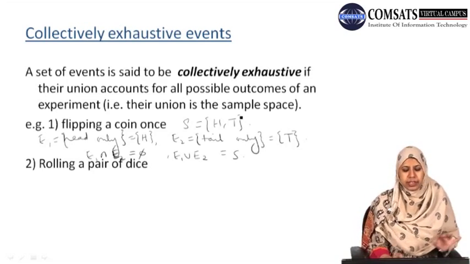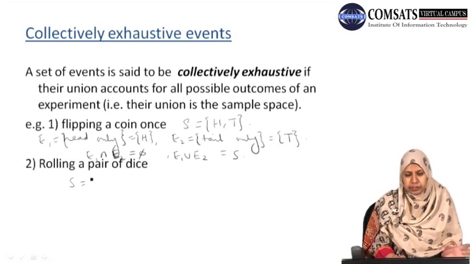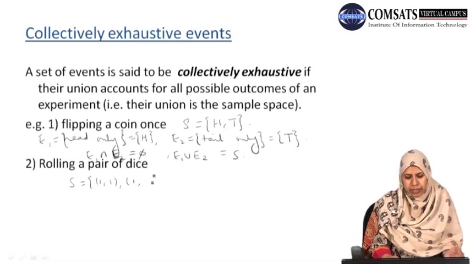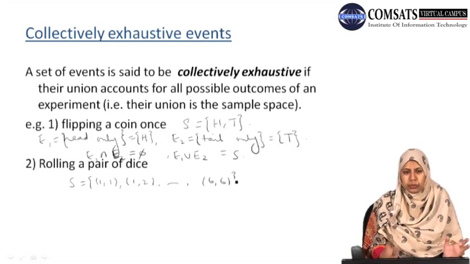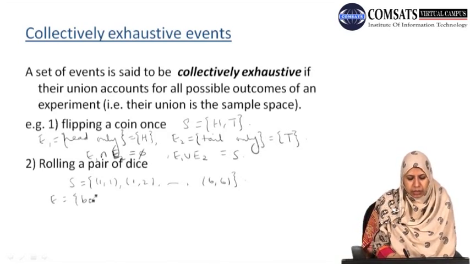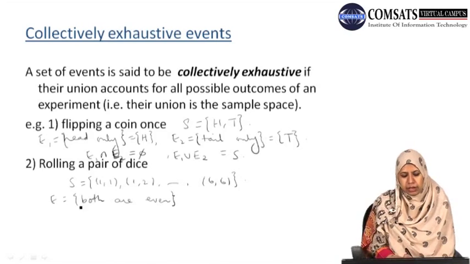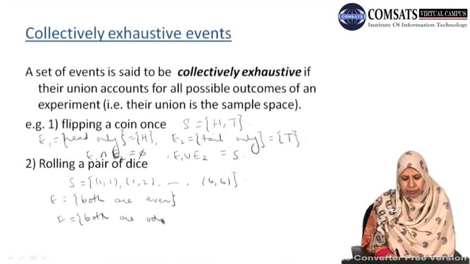If we consider another example of rolling a pair of dice, there the sample space has 36 sample points, and we consider our event E as both the outcomes are even and our event F as both the numbers are odd.